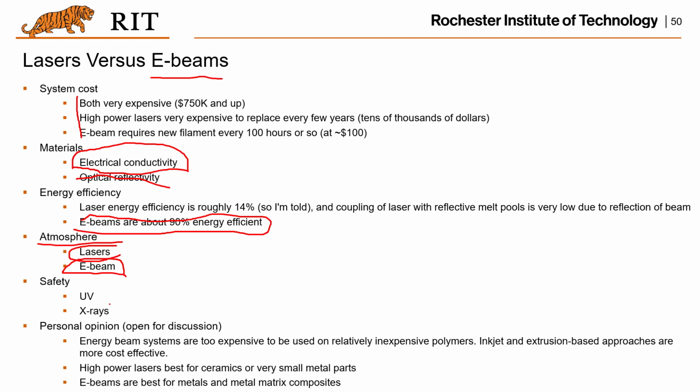And for safety, UV light is produced in the laser process, and X-rays are produced in the electron beam process, so you need to protect the users from these two kinds of hazardous rays or lights.